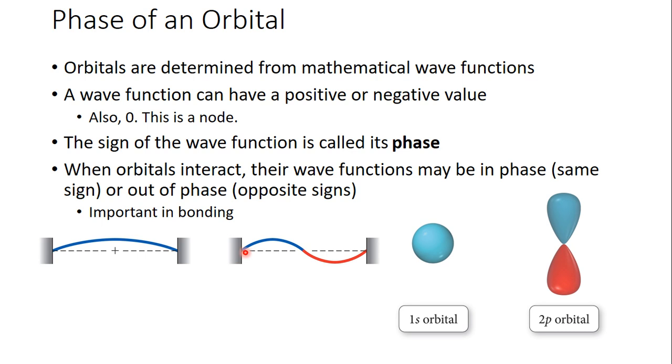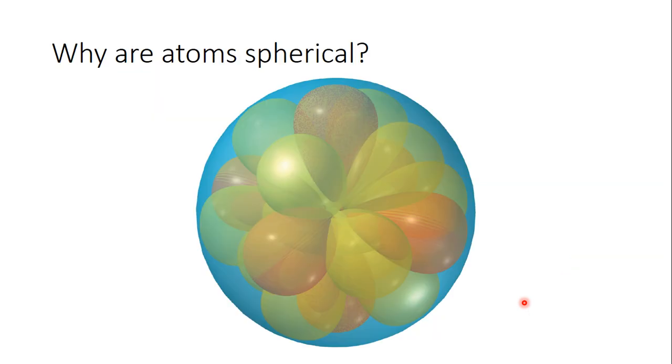Here's a p orbital. You have half of it above the line and half of it below the line. So we have a positive phase and a negative phase. Based on how these phases come together, you will have influences on bonding and energy of your elements. Again, we don't need to go into that. That's higher level organic chemistry. But for this class, you just need to know that phases can have signs.